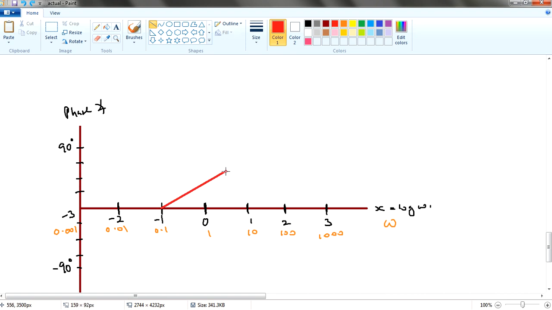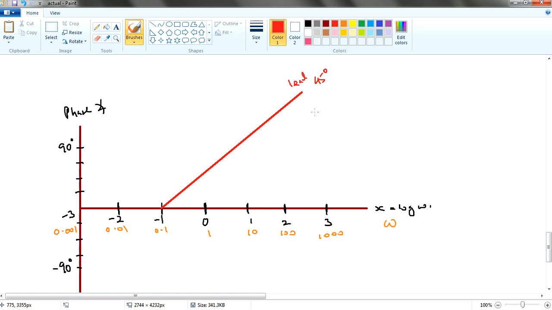Let me draw. So 1 decade, as you can see, this is about 45 degrees per decade. So you should follow about this line over here. Let's label it: this is lead 45 degrees.